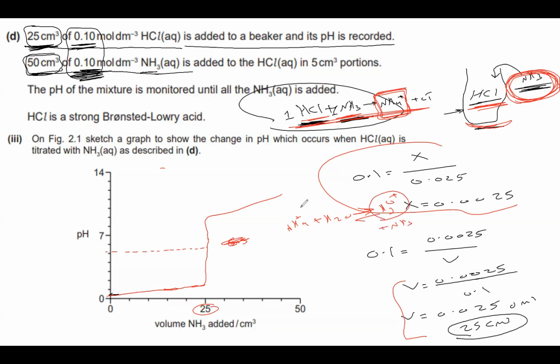H3O+ is acidic. Okay, so the equivalence point is kind of acidic. And after adding the rest of NH3, the solution keeps becoming more basic. Okay, I hope you understand. This was the first question.